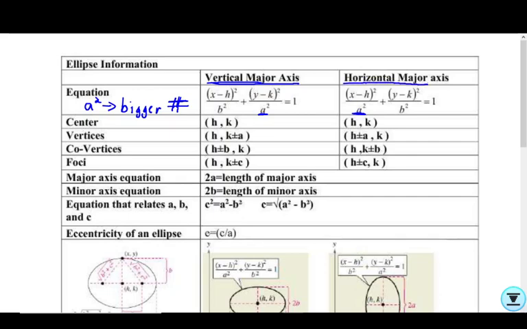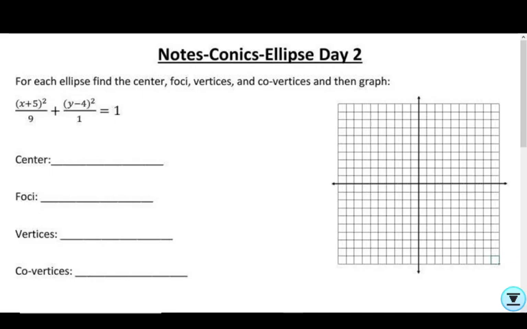So we come back over here and we look, and a squared is under my x. So this is a horizontally major ellipse, where a is 3 and b is 1, because this is b squared. My center, this is my h, this is my k, so h is -5 and k is 4.